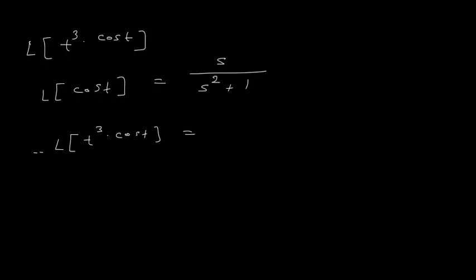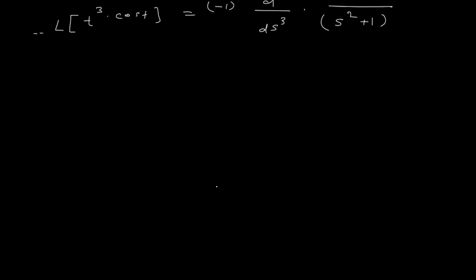this will be minus 1 cube into d cube upon ds cube into phi of s, which is s upon s square plus 1. 3 times I have to differentiate. So this is equal to minus 1. Minus 1 cube is what? Minus 1. It is d square by ds square.